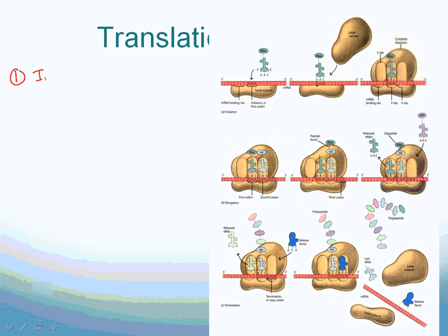So initiation. What's happening here is the AUG codon, so in this situation, it's right there. It's going to tell the complementary tRNA molecule to come bind. So it's the start codon. We call that methionine.